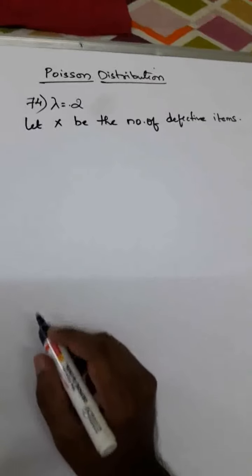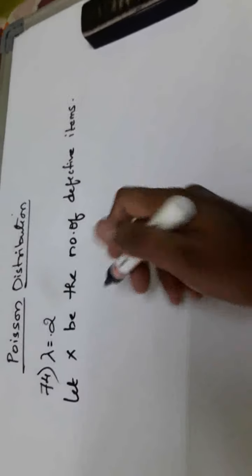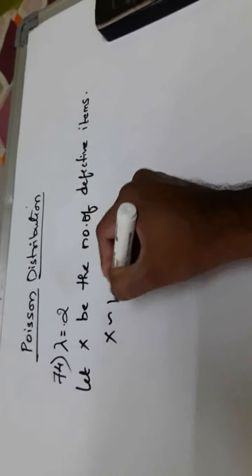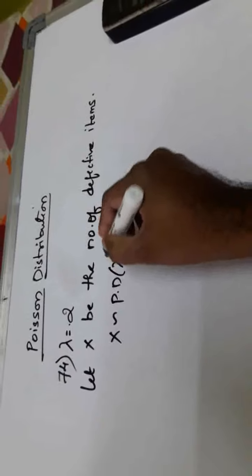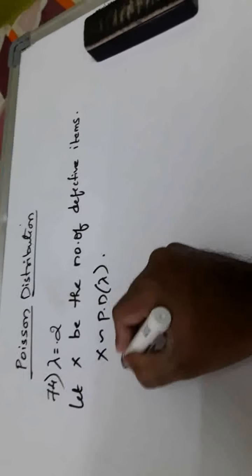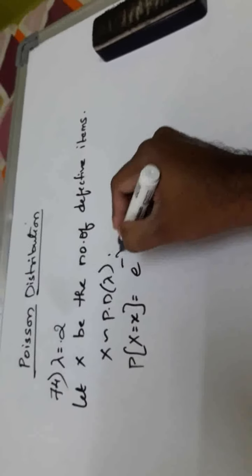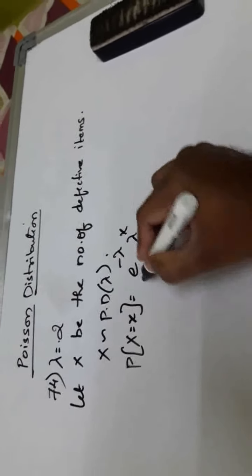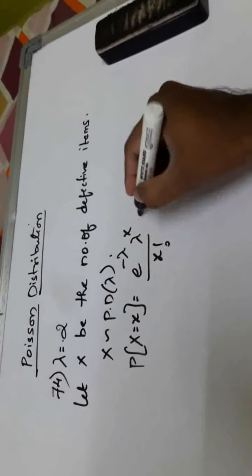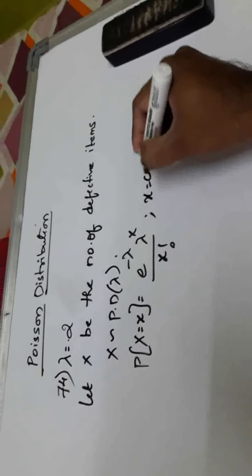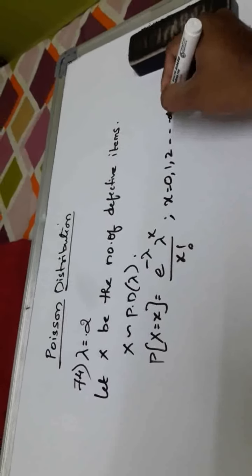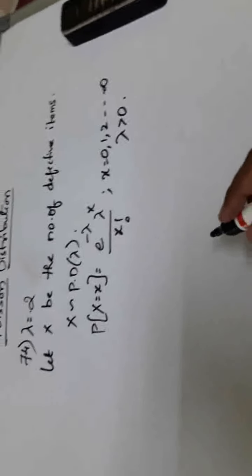Let x be the number of defective items. So x follows Poisson distribution, and write down the PMF. P of x equals e power minus lambda, lambda power x by x factorial, where x equals 0, 1, 2 and so on to infinity. Lambda is greater than 0.